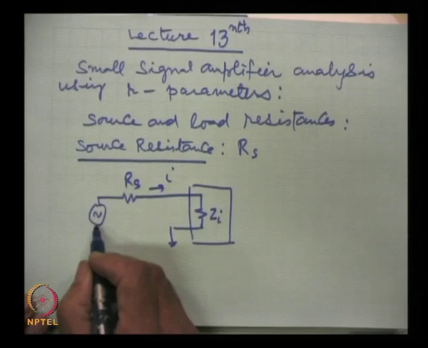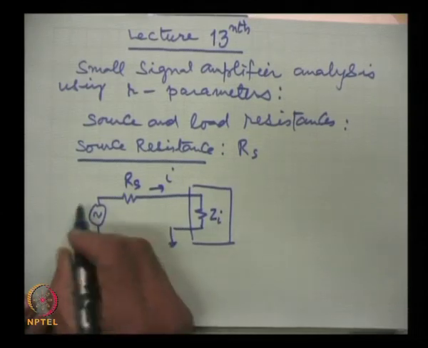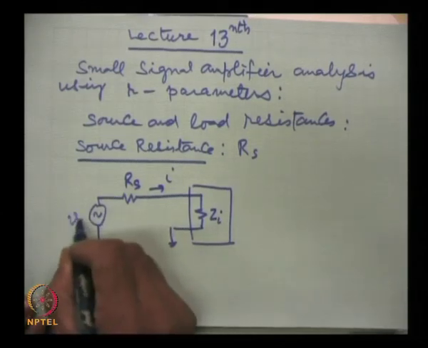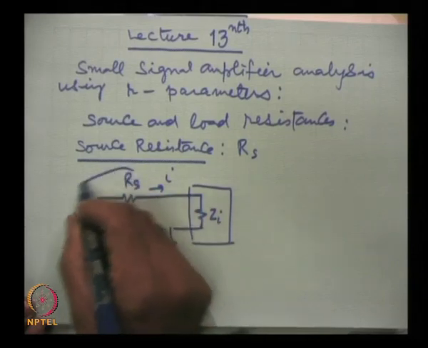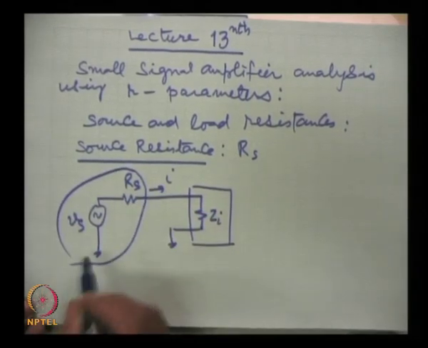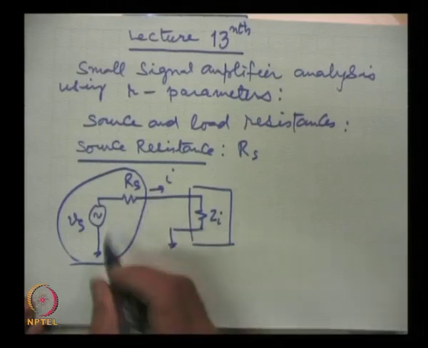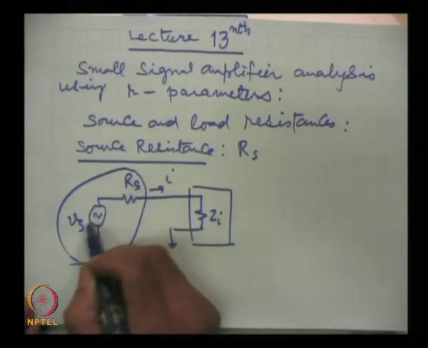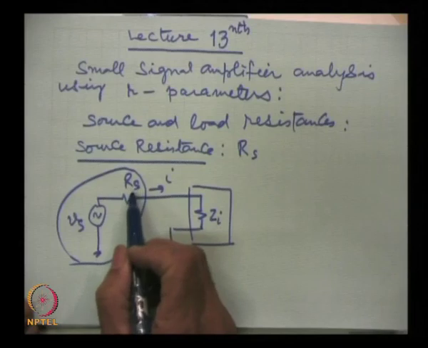This is the source impedance, V s, and this can be Thevenized with a voltage source and a resistance.